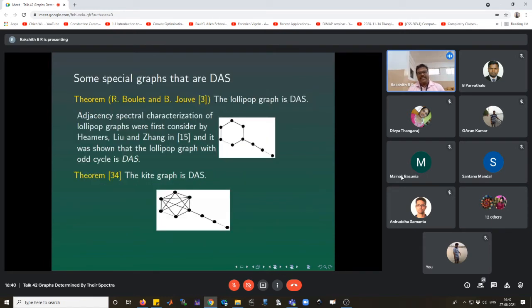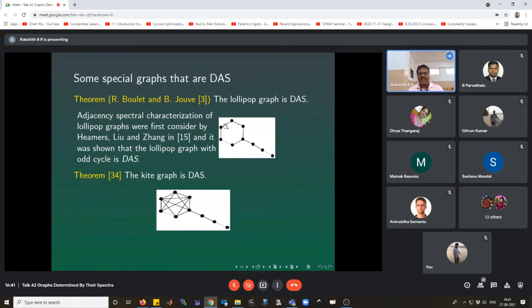So, the general answer to the question which graphs are determined by the spectrum is a very difficult one. What we can find in the literature is some special graphs that are studied for spectral characterization. Among the special graphs determined by the adjacency spectrum is the lollipop graph, which looks like this.